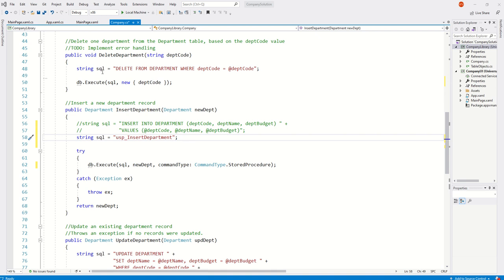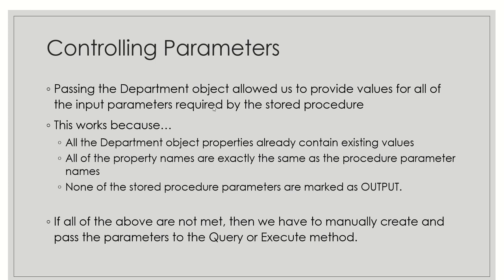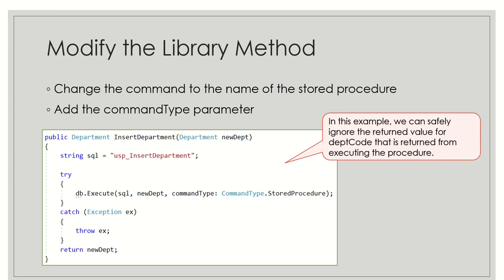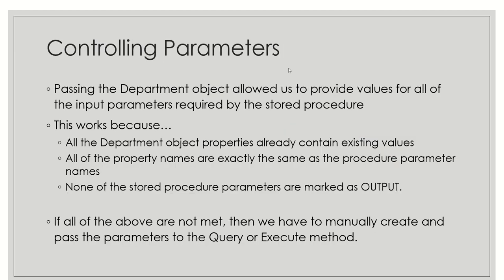So I'm going to take a minor detour now, and we're going to look at performing an insert that allows us to retrieve something. So when we passed the department object, that's how we were able to provide values for all of the input parameters required by the stored procedure.